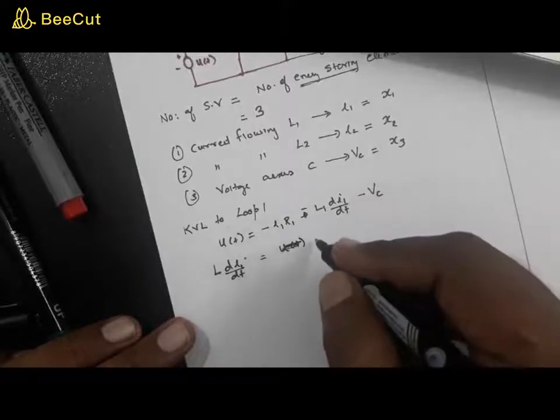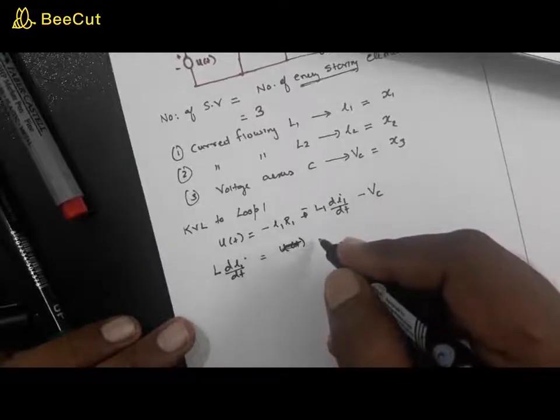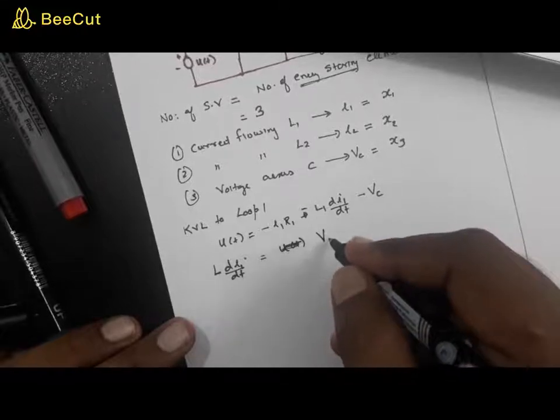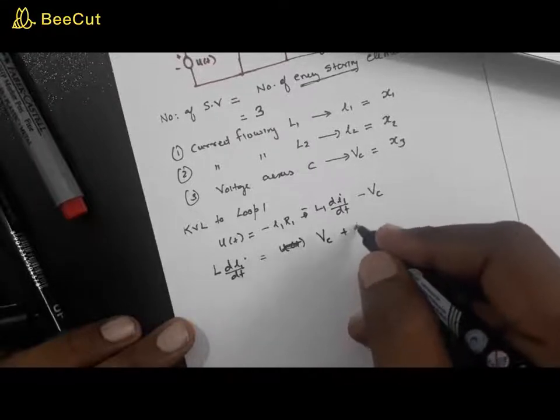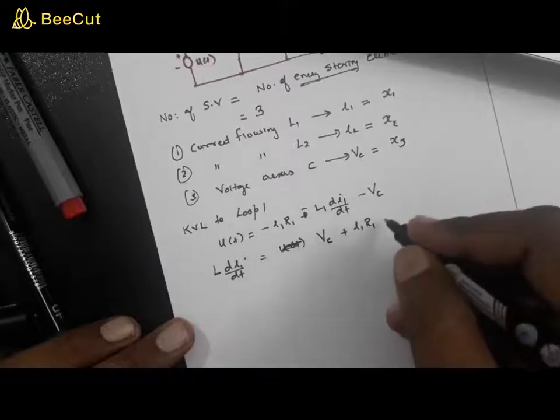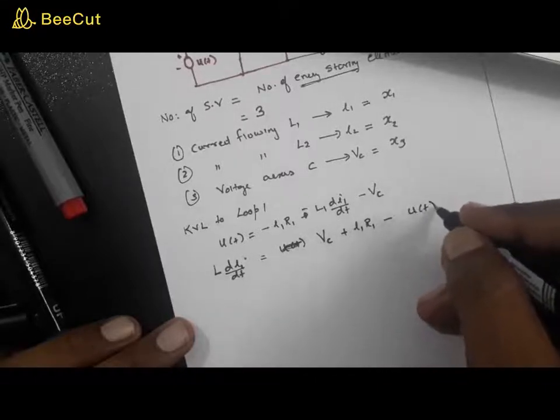So this can be written as Vc plus I1 into R1 minus U of t, right?